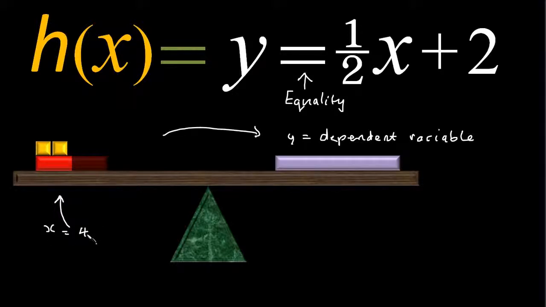So this time if we input 4 into our expression here, then we've got half of 4 giving us 2. 2 plus 2 gives us 4, so y is 4. Y has to be 4 because it's entirely dependent on this side of the function, on the h of x.